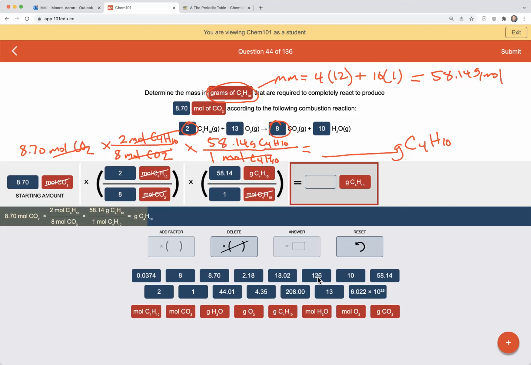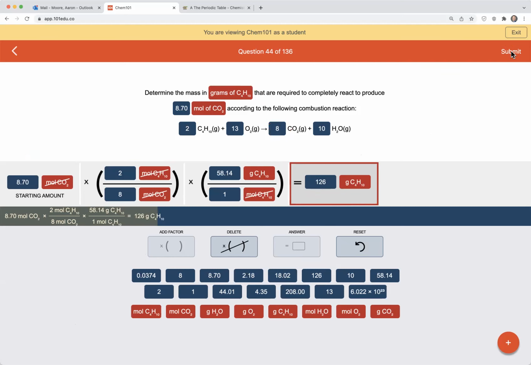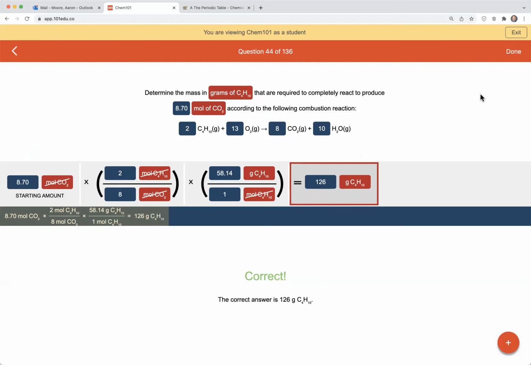Well, with rounding to 3 sig figs, it's just going to be 126. Okay, so I think that's right. So let's clear it away and we'll submit our work. Okay, so there you go. So again, you may have started with a different number than 8.7 in your problem set, so just be aware of that, but the method is the same. Okay, so hopefully that was helpful.